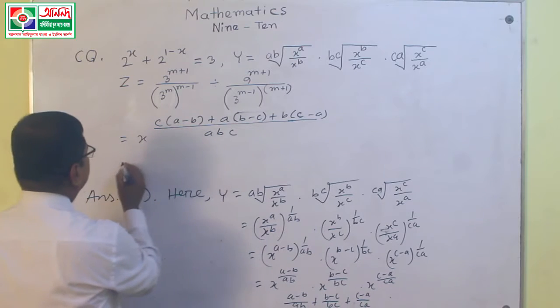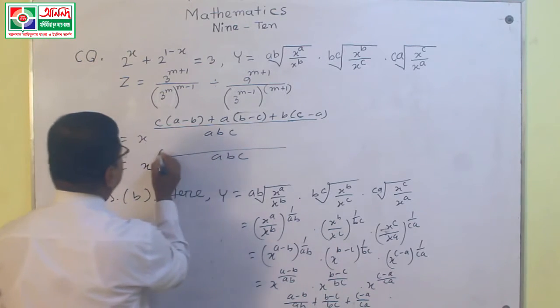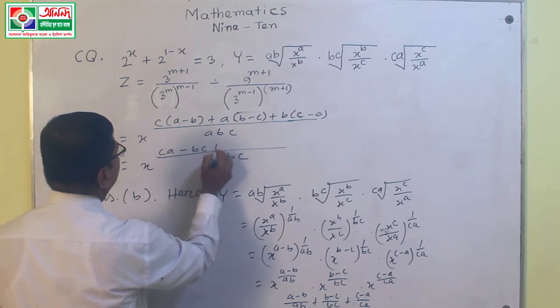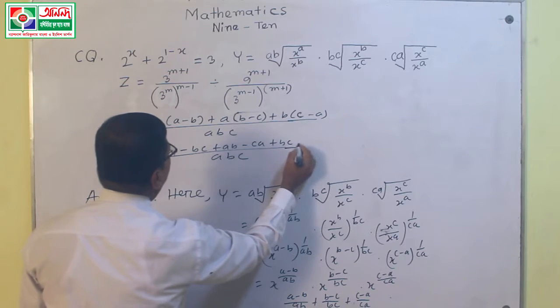So we have x to the power, over abc, of ca minus bc plus ab minus ca plus bc minus ab.